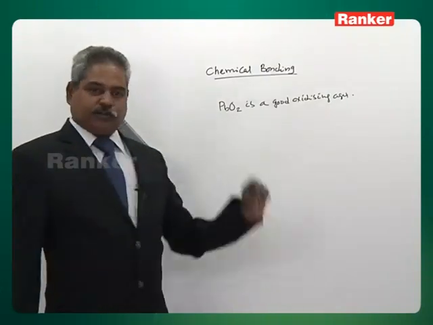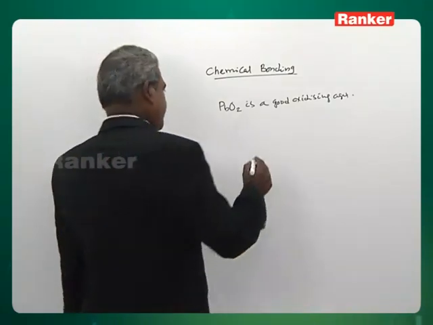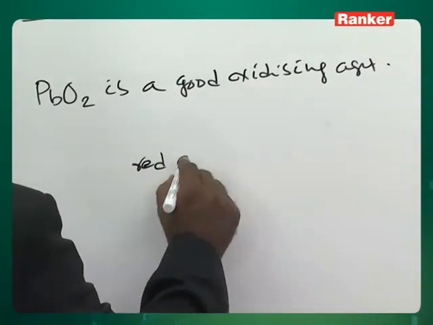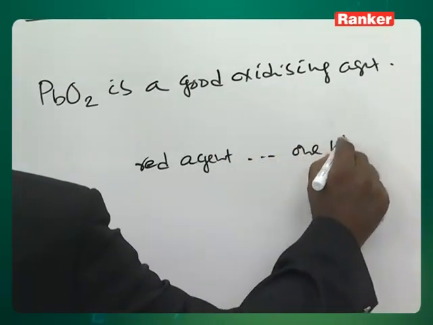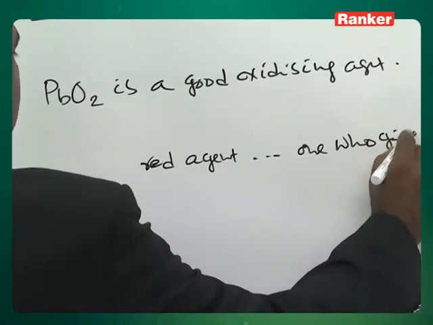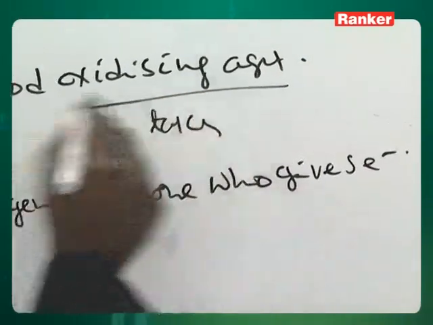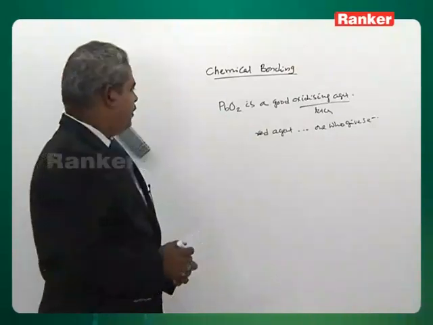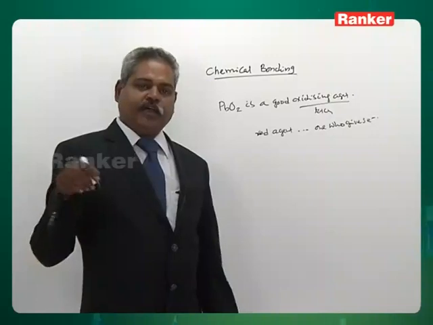One who gives electrons. What is an oxidizing agent? One who takes electrons. What is the indirect meaning of this? PbO2 is a good oxidizing agent, means PbO2 wants to take electrons.